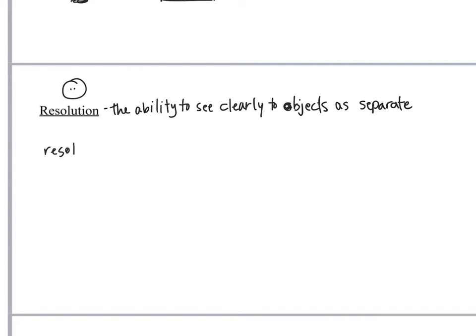The resolving power is equal to the wavelength of light divided by the numerical aperture. I think your textbook has the same equation, and it's got a constant in there. We won't worry about that.